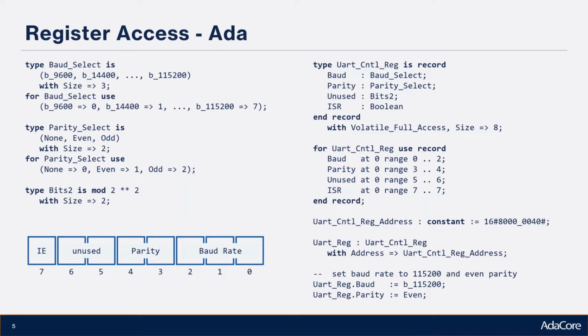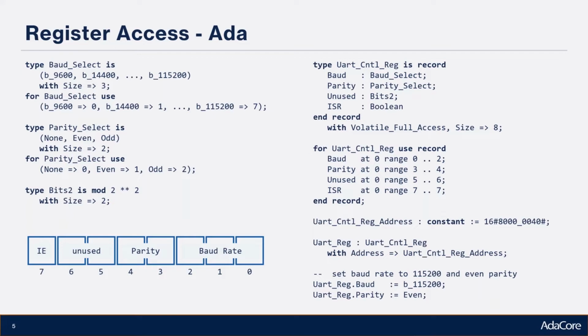And then you have a clause that says with Size => 3. That with Size 3 is an aspect in Ada. And this particular aspect, the size aspect, tells the compiler that Baud_Select occupies 3 bits. If you skip down below, type Parity_Select is pretty much the same thing. This one occupies 2 bits.